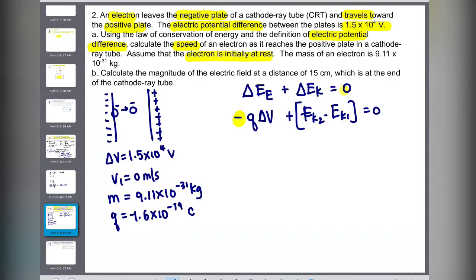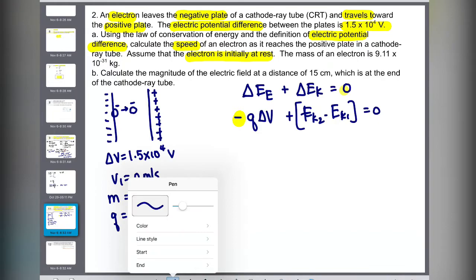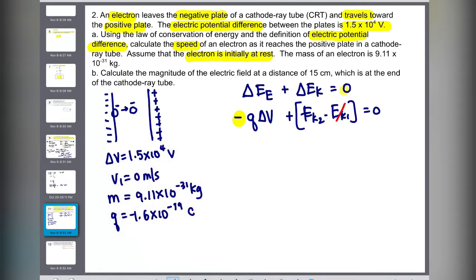So if that's a minus, and I'm just going to continue to do this, I know speed 1 is 0, so my EK1 is gone. I know the equation for EK2 is 1/2 m v2 squared.